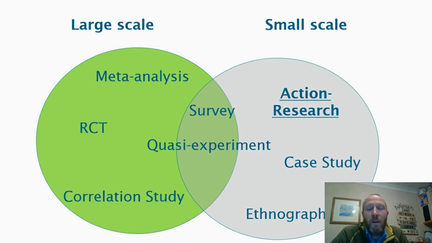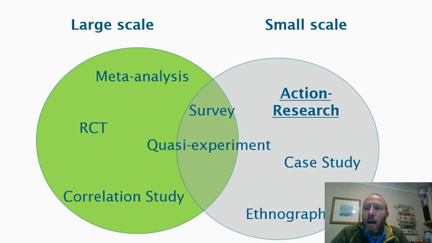You could do it, action research by a group of teachers, by a department maybe, but it can't be bigger than that because it has to be carried out by practitioners. And in the middle, surveys can be large or small. So the national census is huge. A traffic survey is quite a small thing.